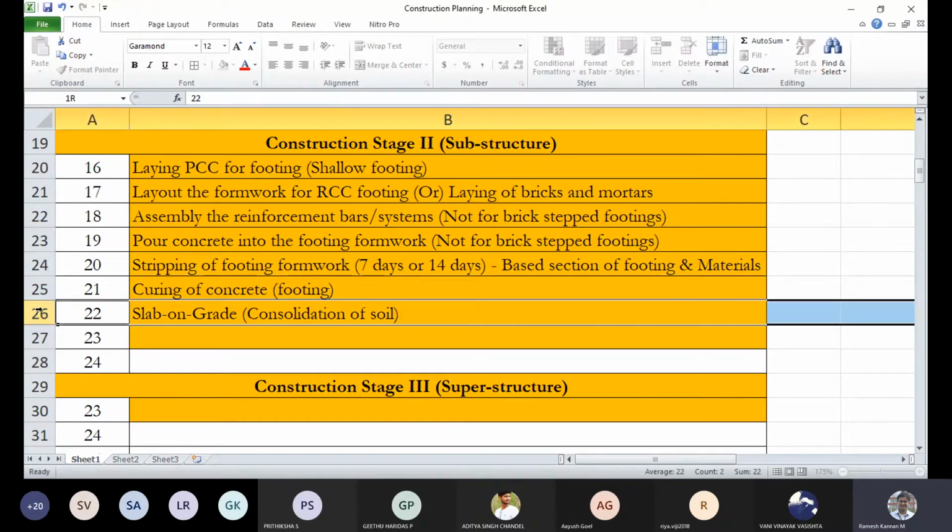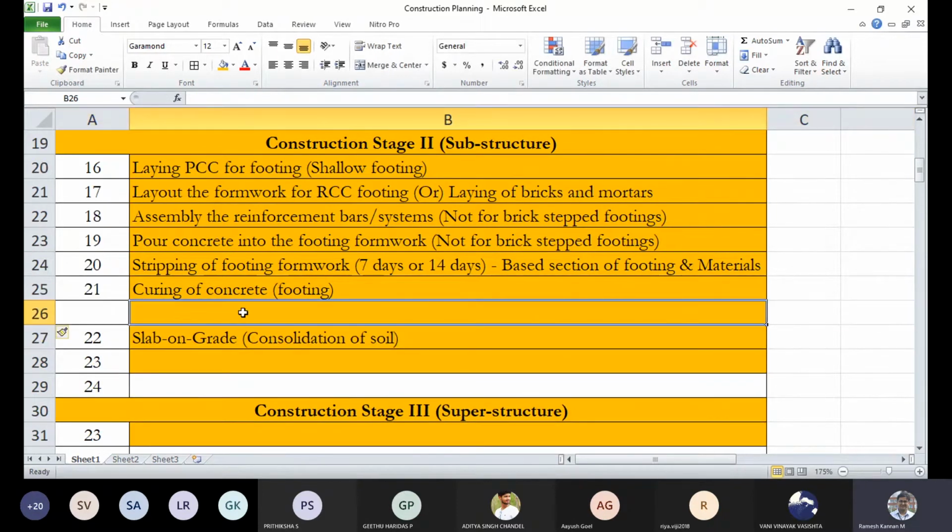And something like that. So maybe after this curing of concrete, then fill the voids.